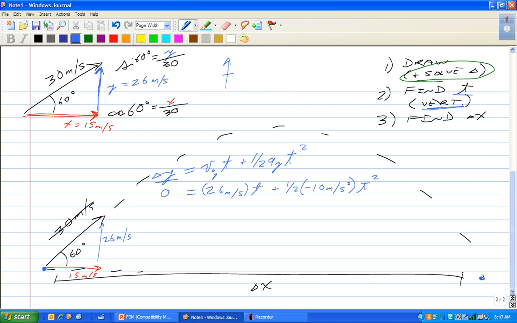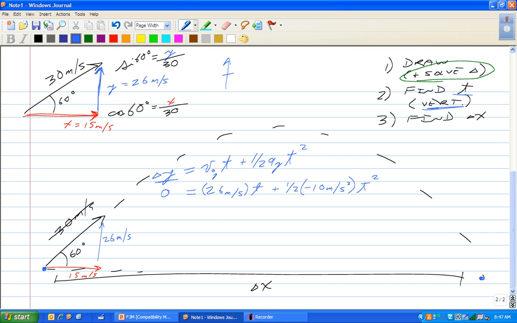And so therefore, if up is positive, the acceleration is down, even though the initial velocity is up. Which, by the way, quick review there, if the velocity is up and the acceleration is down, it's slowing down. Very good. And that's true, right? It's slowing down in the vertical direction.